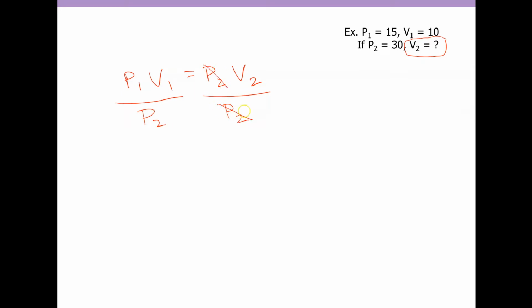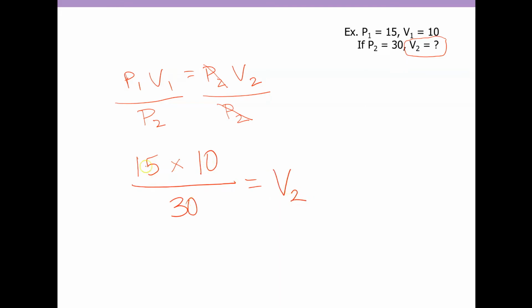So now you're left with P1 times V1 divided by P2 to find out your V2. And then you just plug your numbers in. P1 is 15, so we take 15. Remember, the two next to each other just means that you're going to multiply. P1 times V1, V1 is 10. And then P2 is 30. And that's going to be equal to V2.